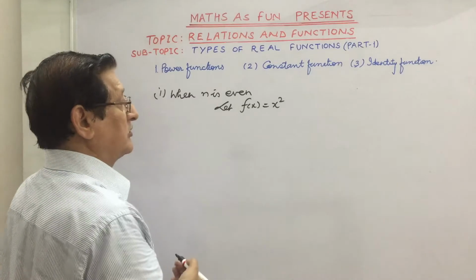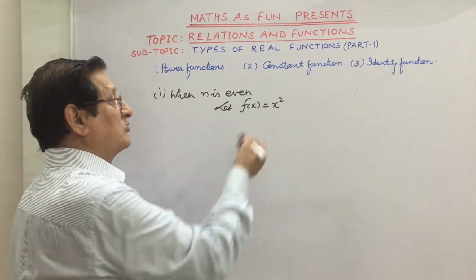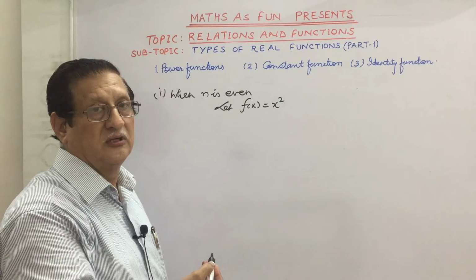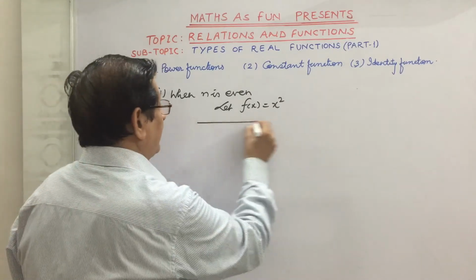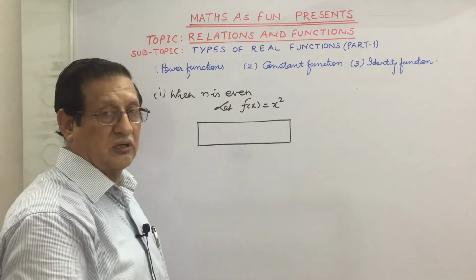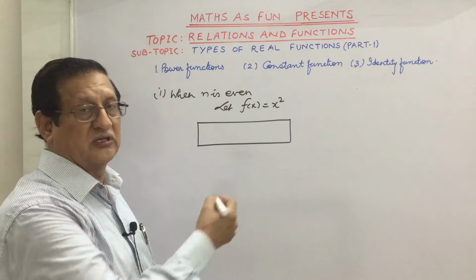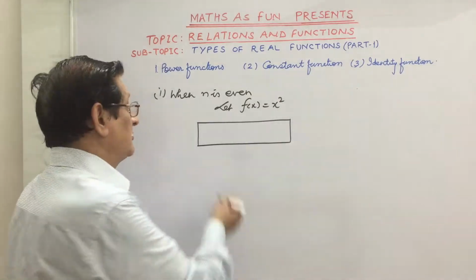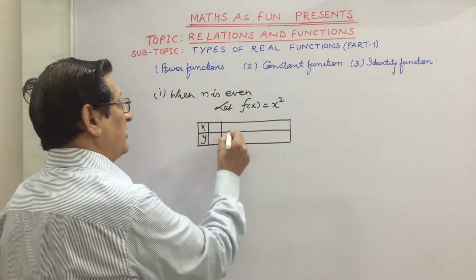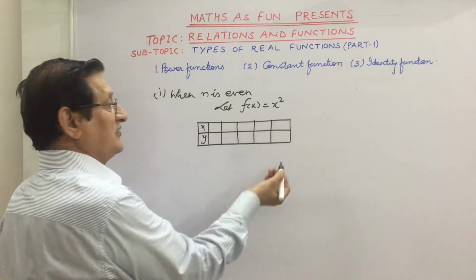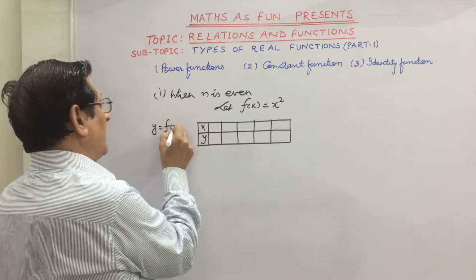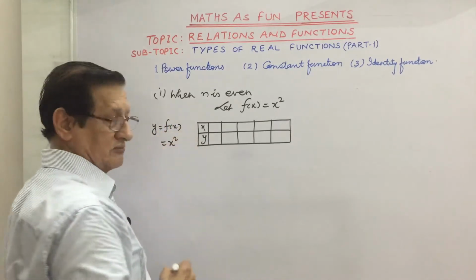To find out the nature of the function in detail, to draw the graph of it, we can draw a table to find the points on the graph, so that we can see the nature of the curve. Suppose we take some negative and some positive numbers for x and y. What is y? We know y is f(x), so y = f(x) = x^2.